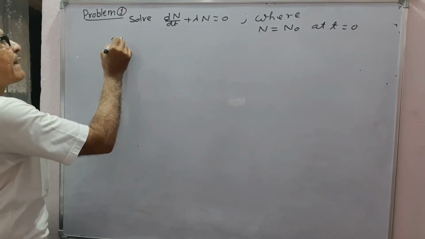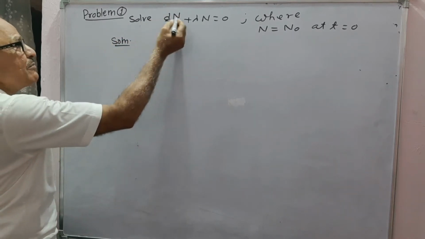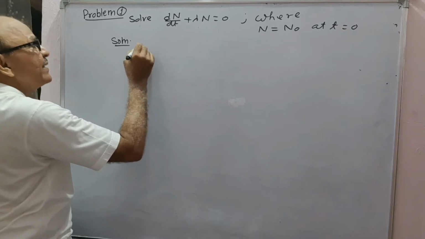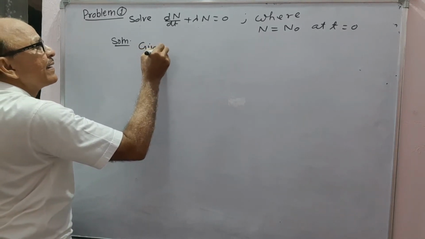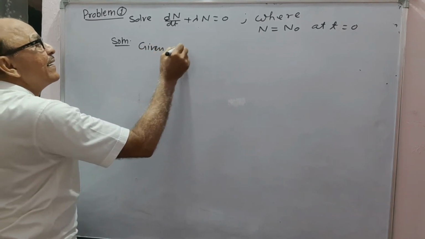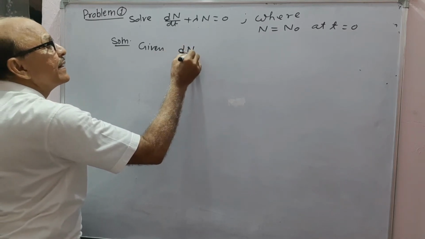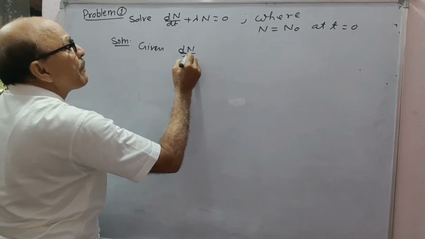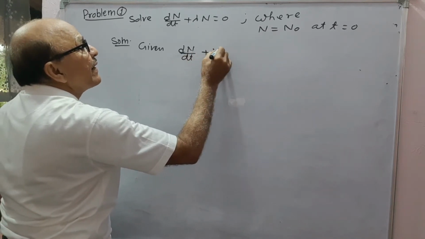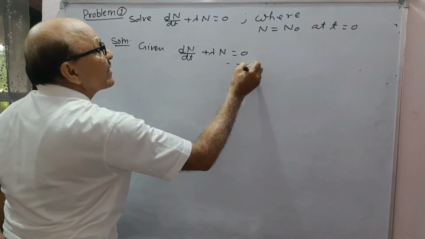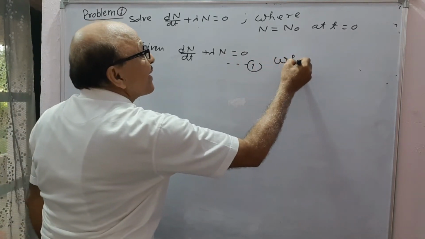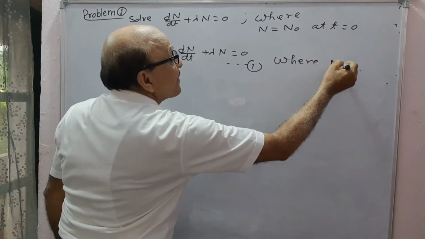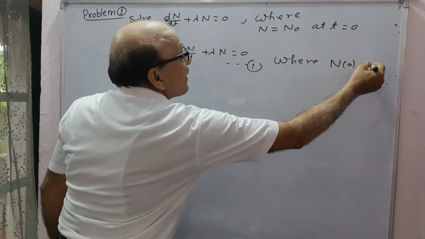Now this is the first derivative. Suppose this is the given equation. The differential equation is dn upon dt plus lambda n is equal to 0. Suppose this is equation 1, where n0 is equal to n at 0 is equal to n naught.